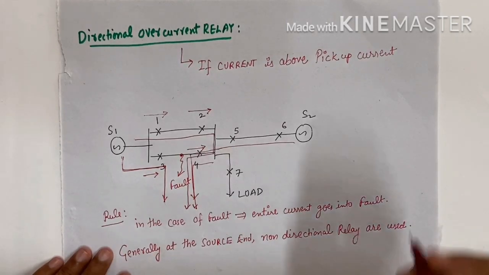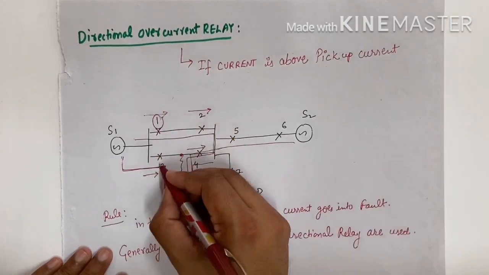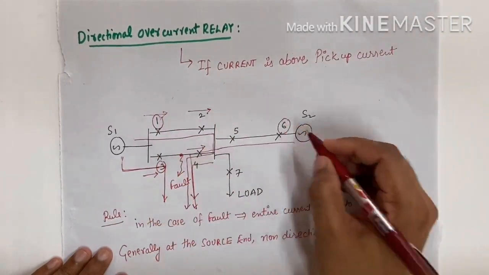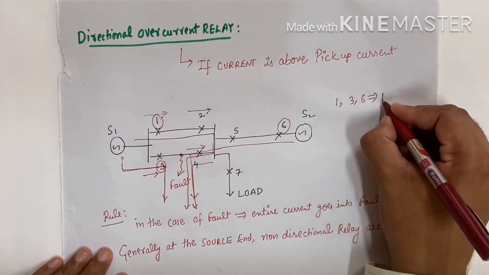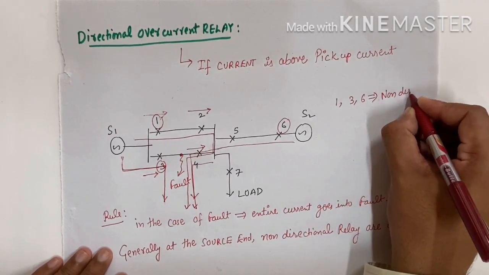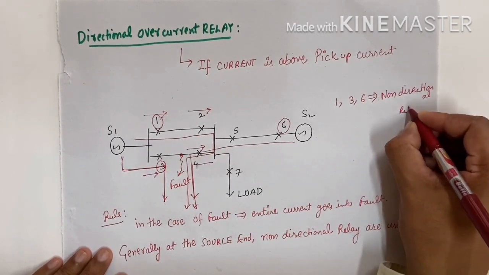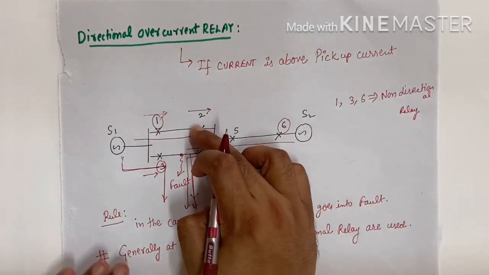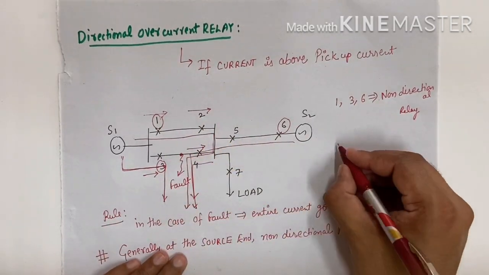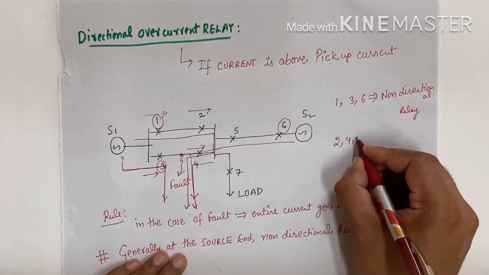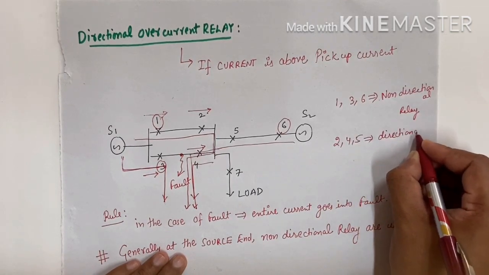Okay, so here at the generating end relays 1, 3 and 6 are used. So relays 1, 3 and 6 are called non-directional relays, whereas relays 2, 4 and 5, which are apart from the source, are called directional relays. This is clear.